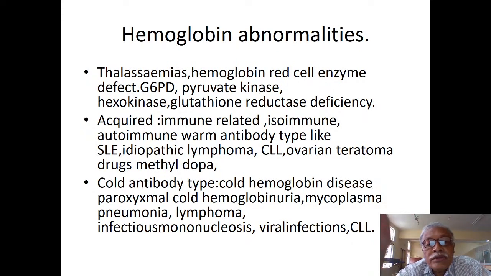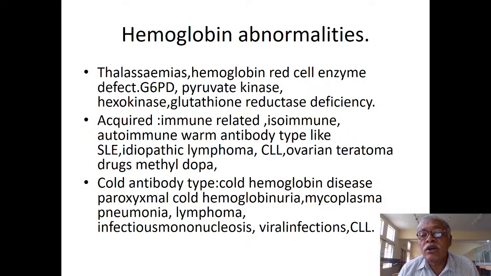The cold antibody type, cold hemoglobin disease, that is paroxysmal cold hemoglobinuria, can result in certain conditions where people have a defect in the hemoglobin and develop cold hemoglobinuria whenever they are incidentally or accidentally exposed to severe cold temperature.